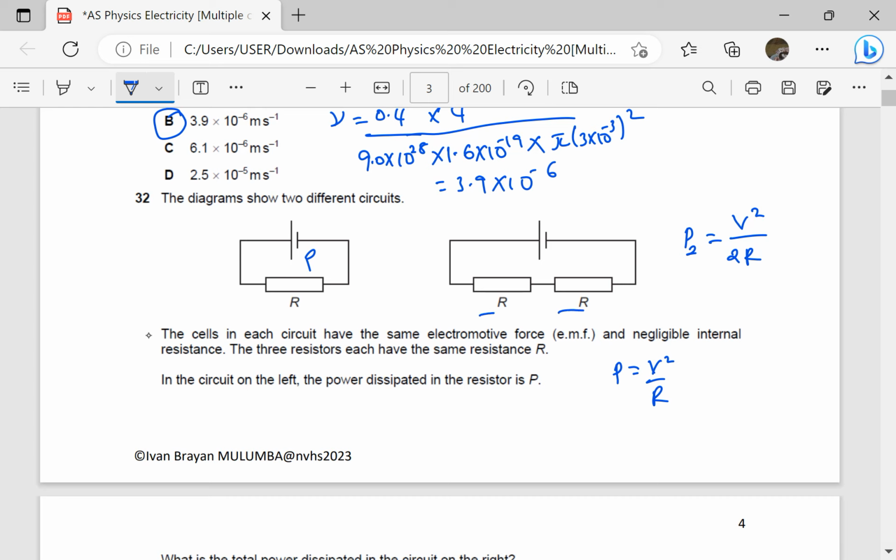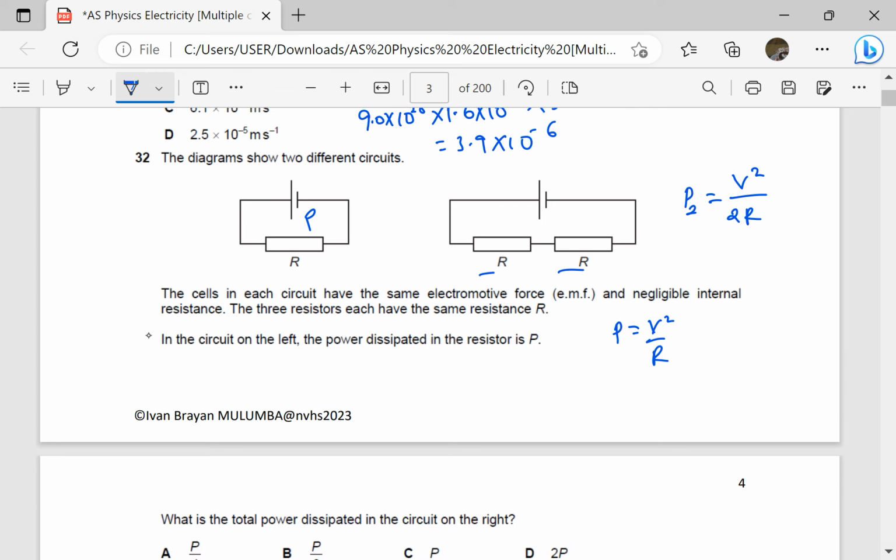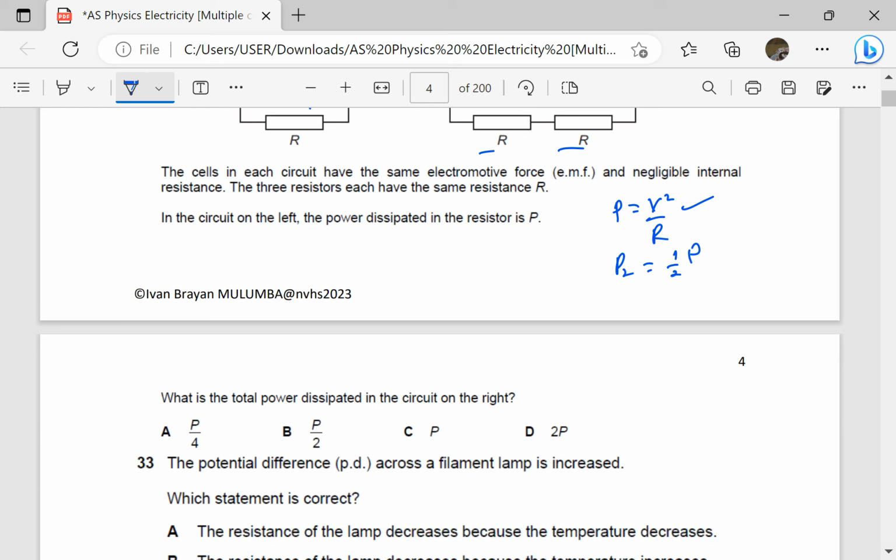The total PD is V because it divides, but then the resistance is R plus R. So what is the comparison between the two equations? You notice that P2 is equal to a half of the first, so it is a half of P, which makes our second power P over 2, which makes the answer to be B.